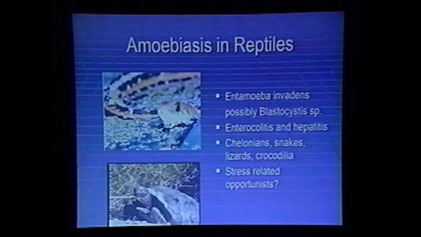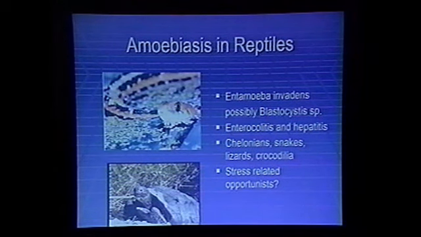Amoebiasis manifests as enterocolitis and hepatitis and is commonly seen in chelonians, snakes, lizards, and crocodilians. It is undetermined if Entamoeba invadans in particular is a primary pathogen or if pathology is mediated by stress-related events or other pathologic processes.